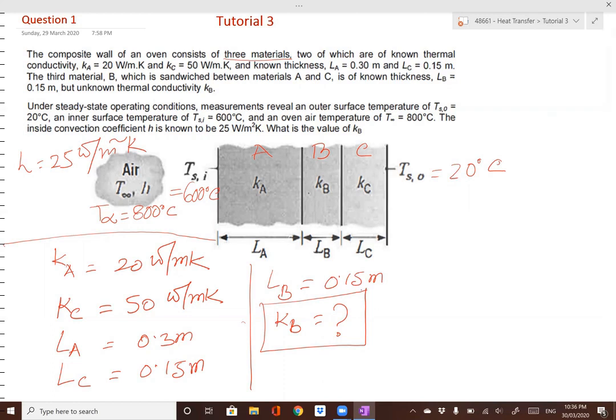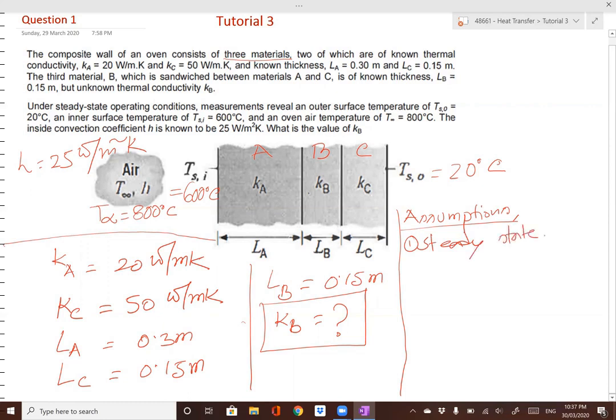So this problem we will solve based on some assumptions. The assumptions are: steady state condition; one-dimensional conduction; and constant properties.